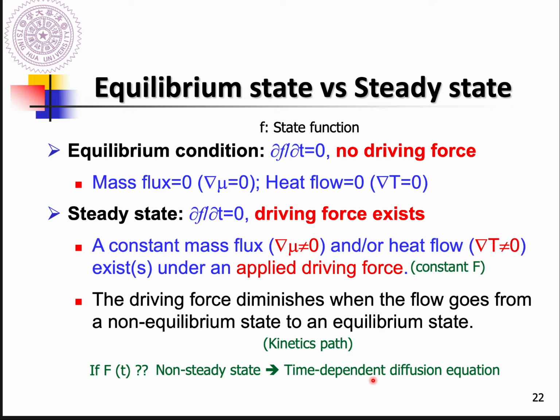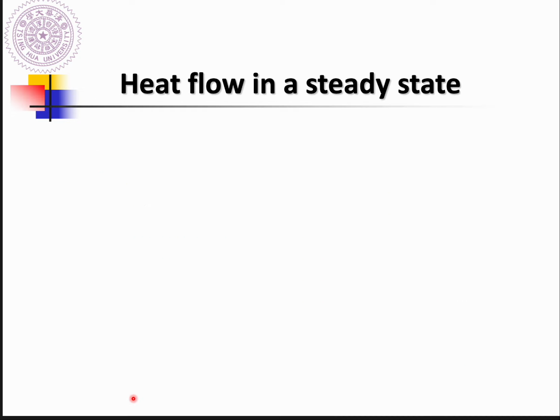If we talk about diffusion in solid materials, that will be related to the time-dependent diffusion equation. So in this case, we will call this situation the non-steady state, because you have a time-dependent driving force applied on the system, which will result in a time-dependent flux. Okay.